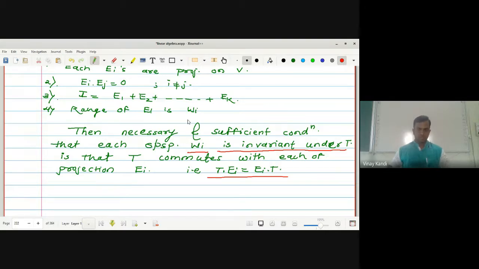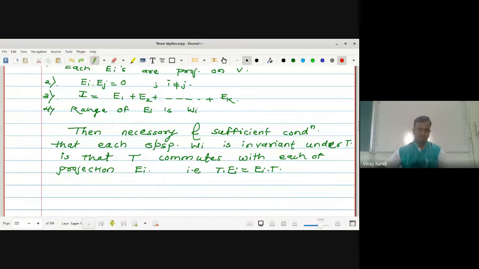In the sufficient part, we assume that T into Ei is equal to Ei into T, and we are going to prove Wi is invariant under T. And in the necessary part, we assume Wi is invariant under T, and we have to prove that T into Ei is equal to Ei into T. Okay.